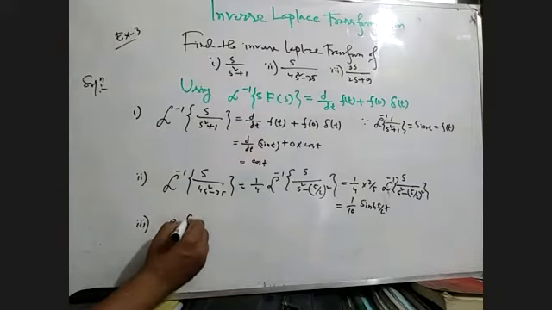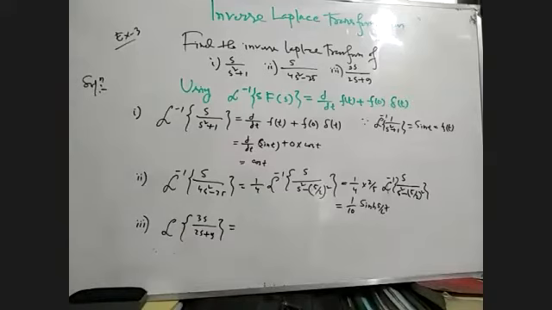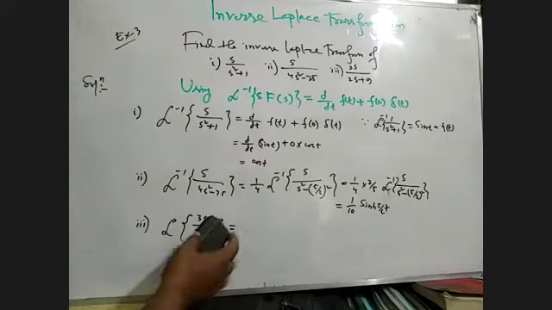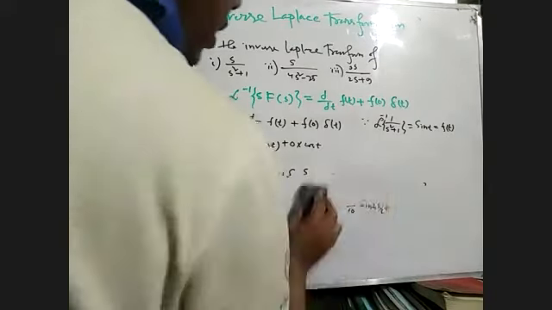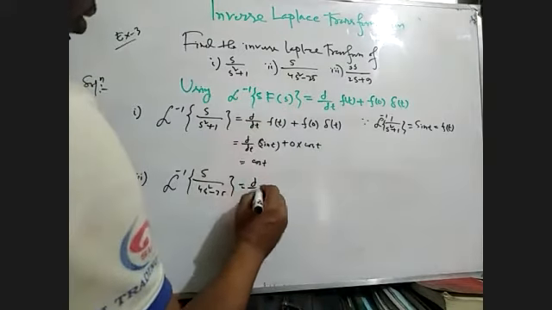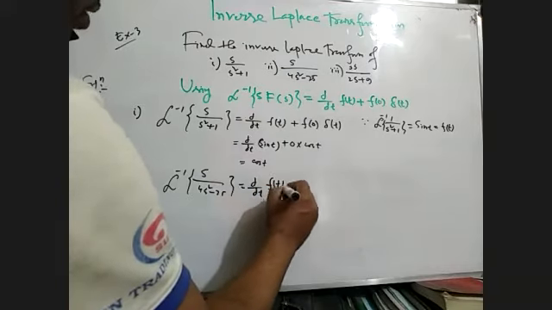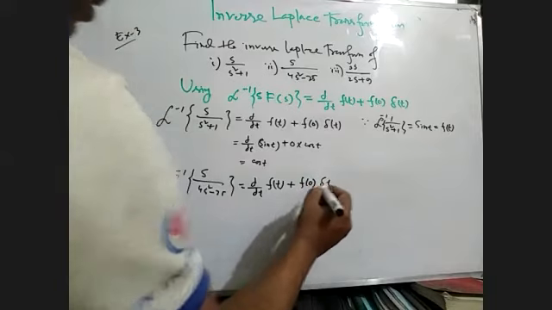Inverse Laplace transformation of s divided by twice s plus 9. This can be written as, sorry, using this one, actually I have to make it this way. Using this one, d/dt of f of t plus f of 0 del t.